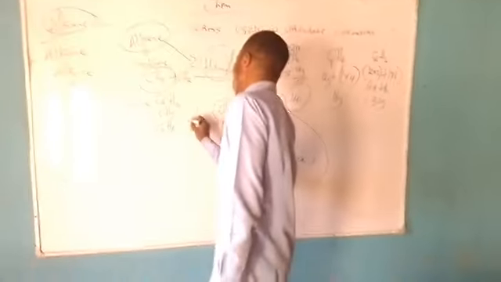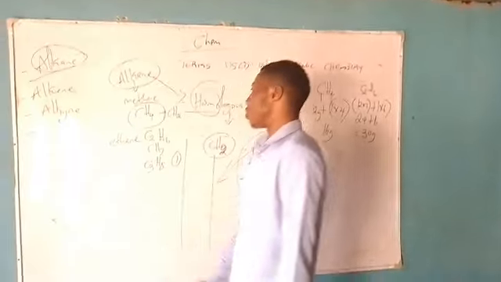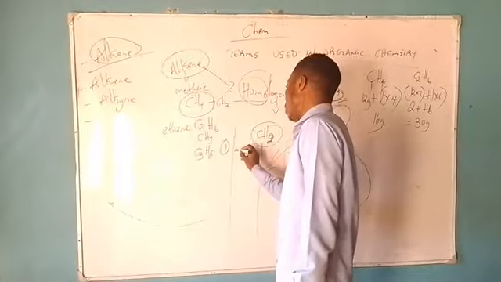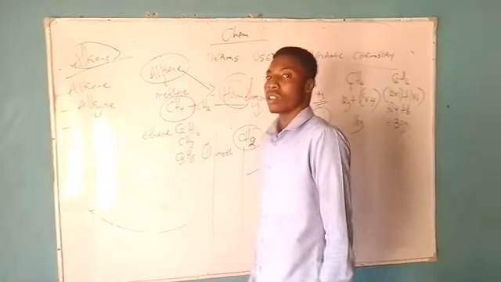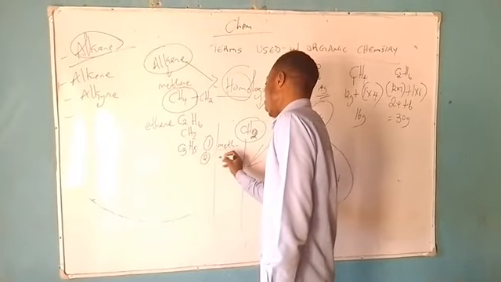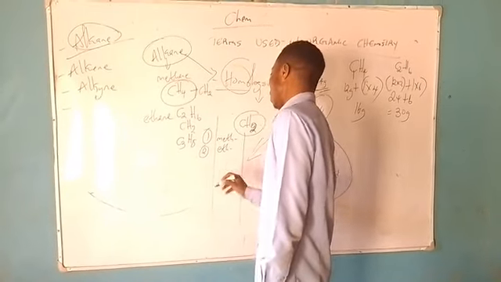The one that has one carbon, we call it meth. If it has 2 carbons, we call it eth.